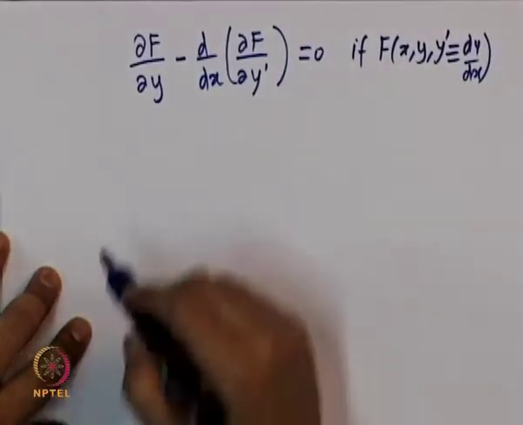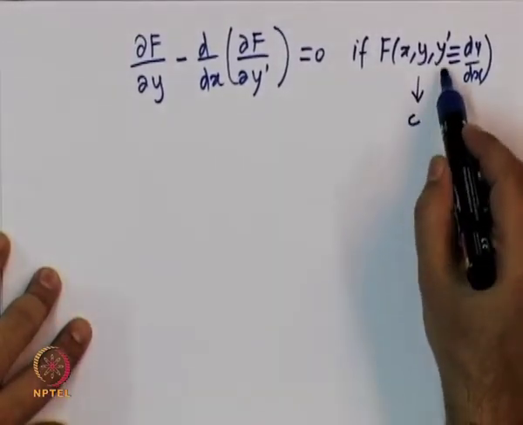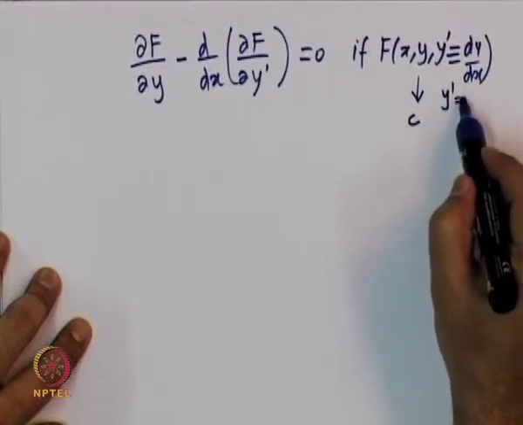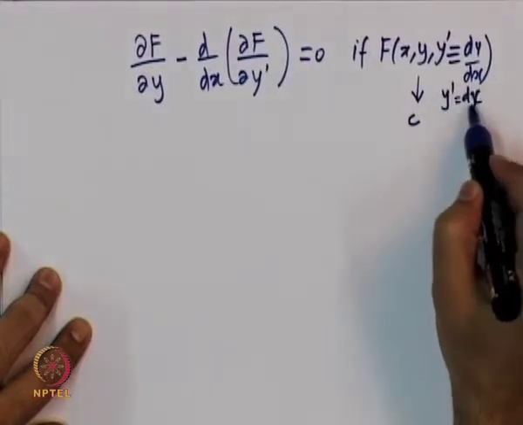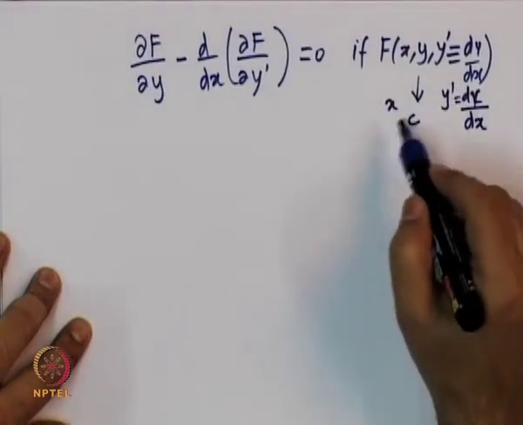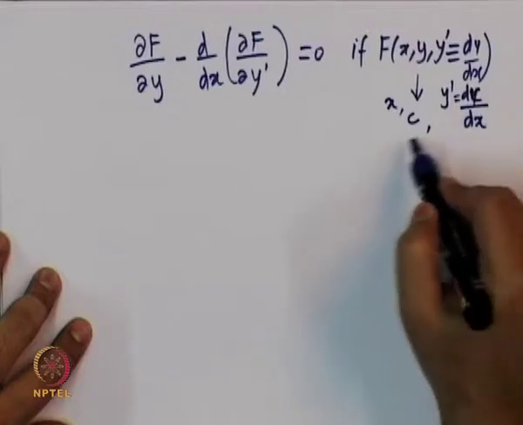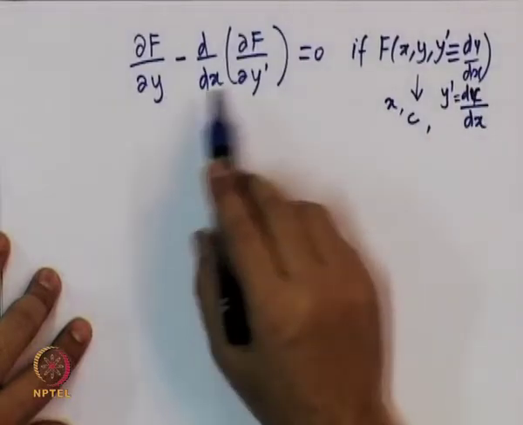Now, in the current case we have c in the place of y, and in the place of y' we have dc/dx, and x is the position variable, so f is a function of x, c, dc/dx.